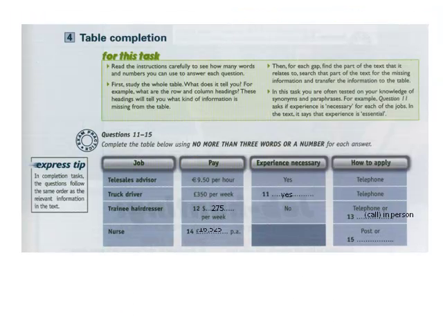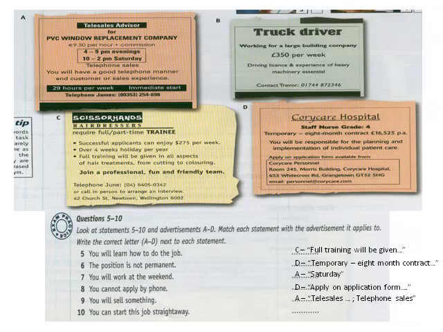So our answer needs to be 16,525. Sorry, we were looking at how much the salary was. And at the top, it's an 8-month contract for 16,525.